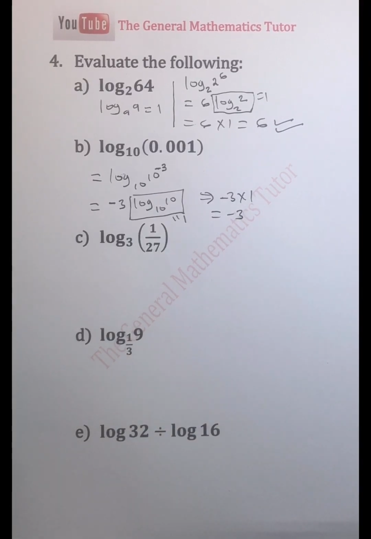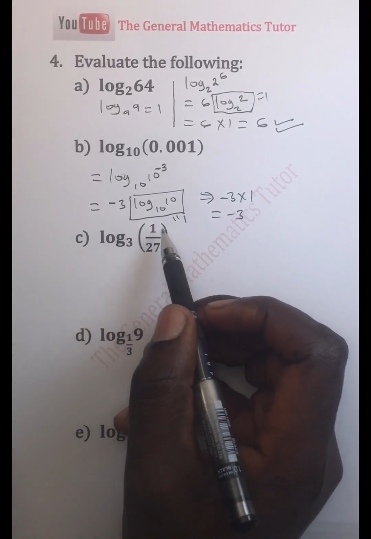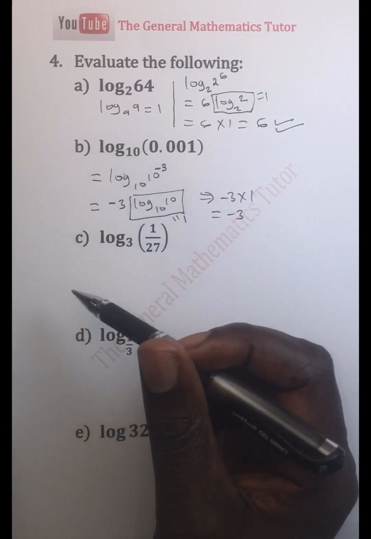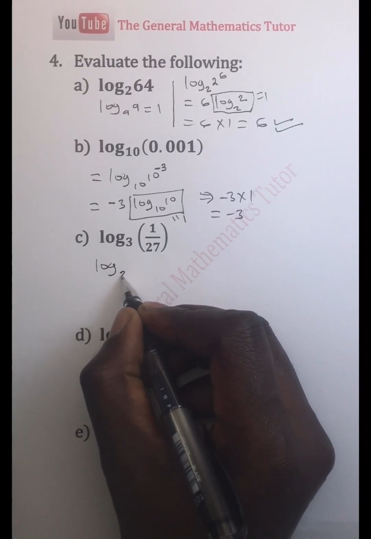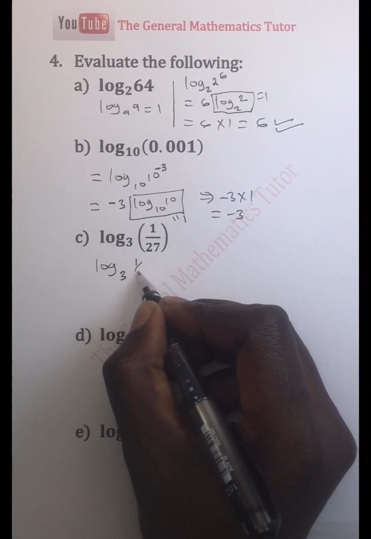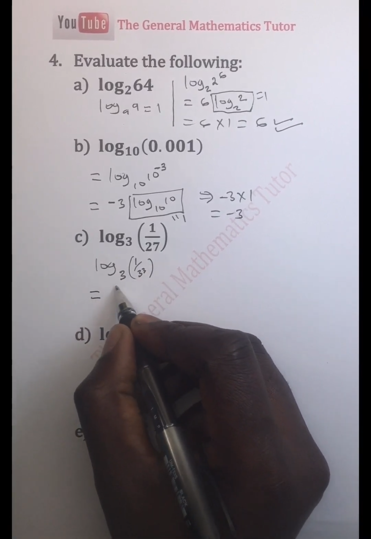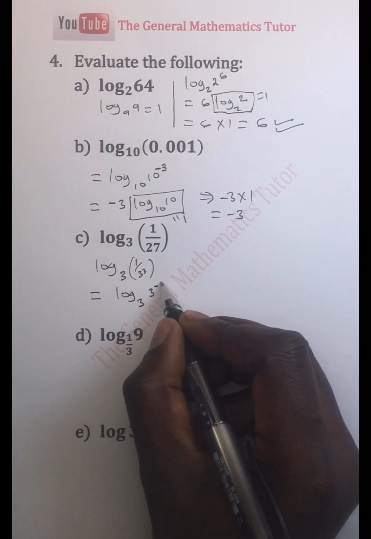Part C, log to base 3 of 1 over 27. Again, we can manipulate this expression so that we have a situation whereby the base and the number are the same. So we can write this as log to base 3 of 1 over 3 raised to power 3, which you can write as log to base 3 of 3 raised to power negative 3.